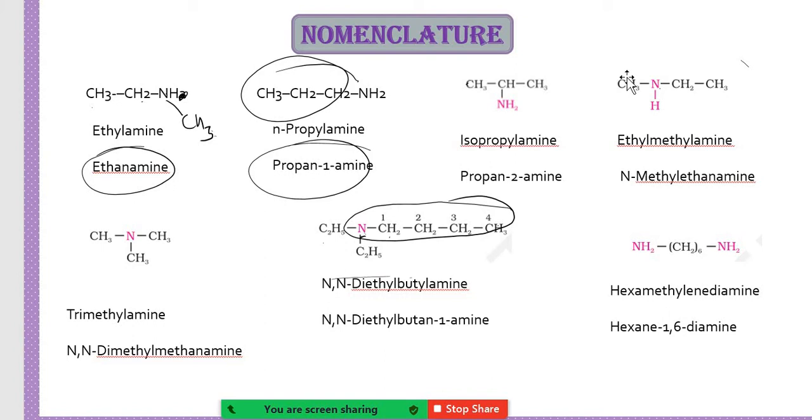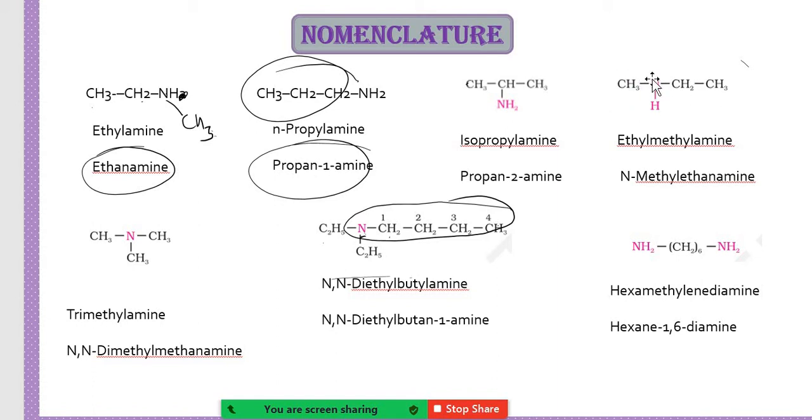But when we write IUPAC nomenclature, we write the smallest one as N, and the longest one we take as the parent. So this is N-methylethanamine. Why do we write it as N-methyl?